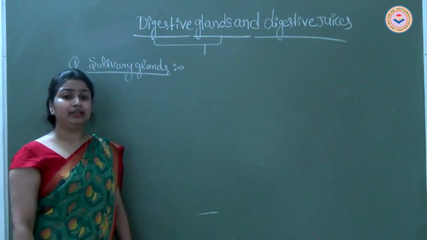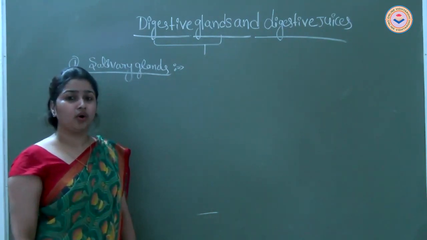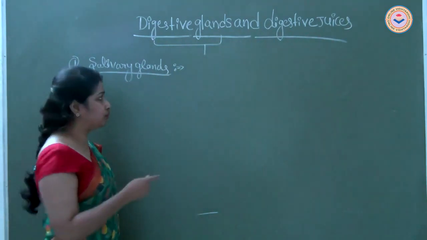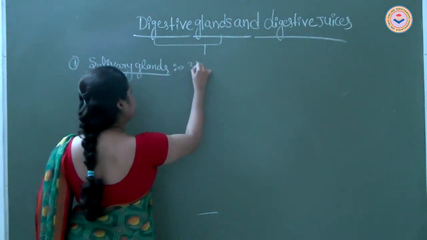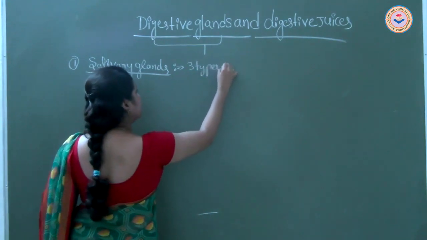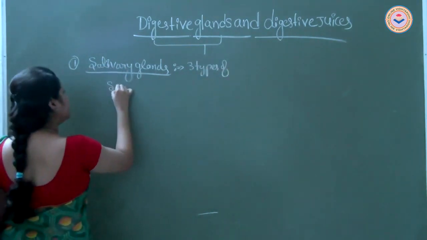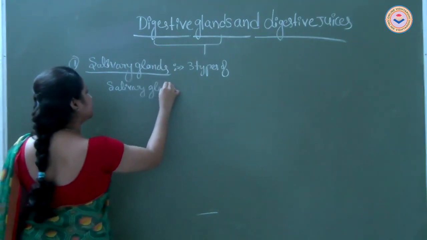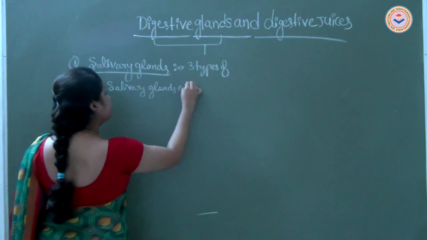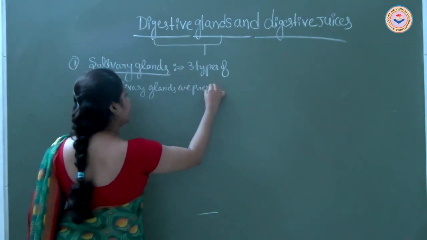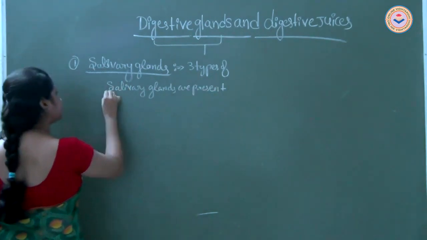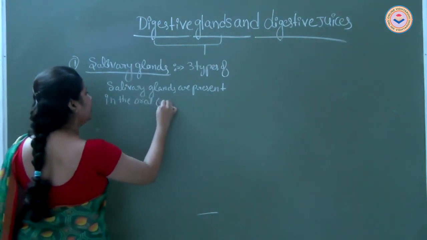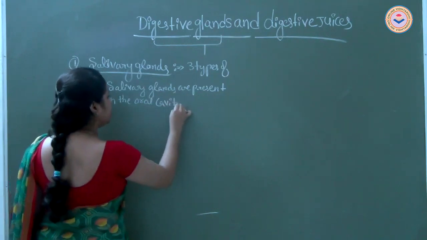Generally in human beings, three types of salivary glands are present in the oral cavity.